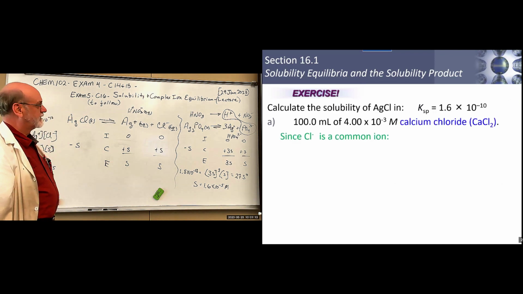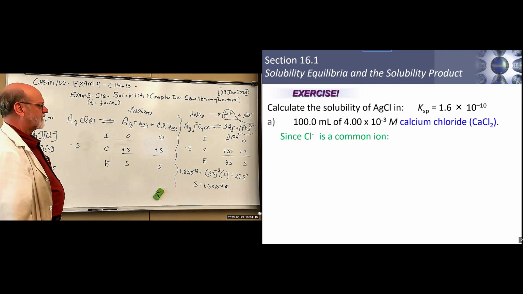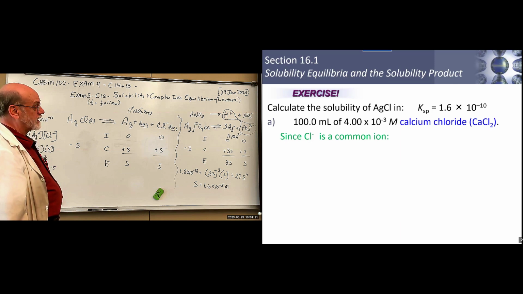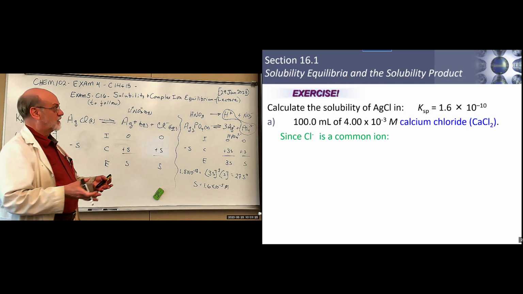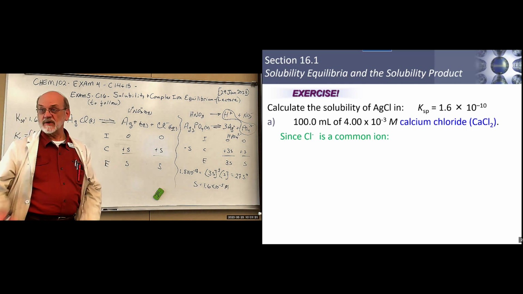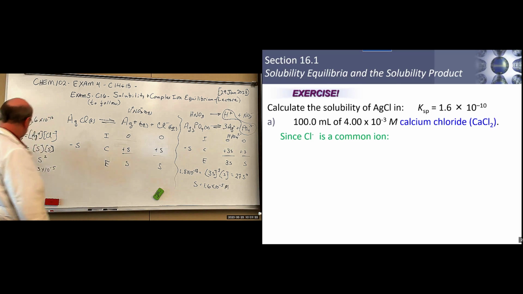All right. So let's see, what are we going to do here? What's the solubility of silver chloride in 100 milliliters of 4 times 10 to the minus third molar calcium chloride? Okay, chloride's a common ion, so we can say qualitatively, we're going to decrease the solubility. And the solubility in pure water is right here.